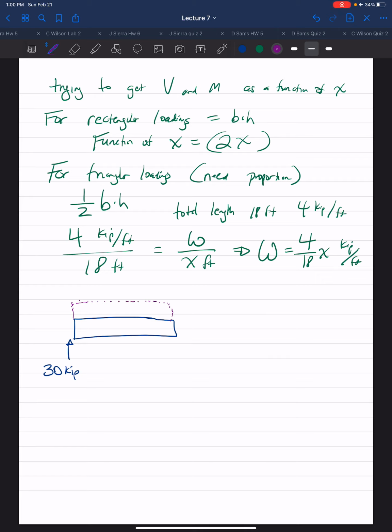We have our rectangular loading. So if this distance is x, our rectangular loading is applied x over 2 away from both sides, and is represented then by base times height, 2x.